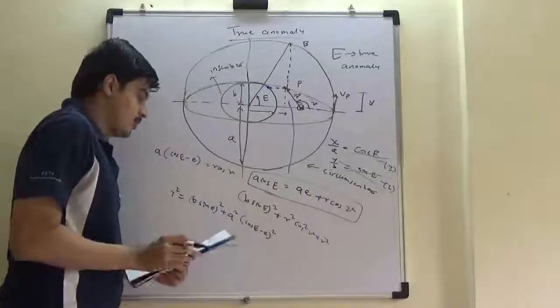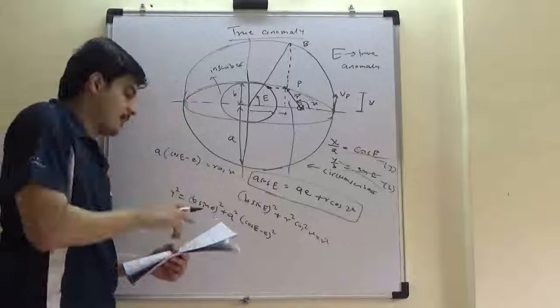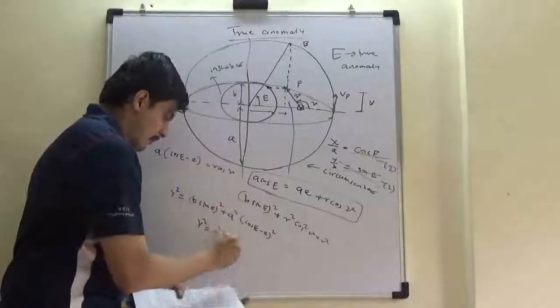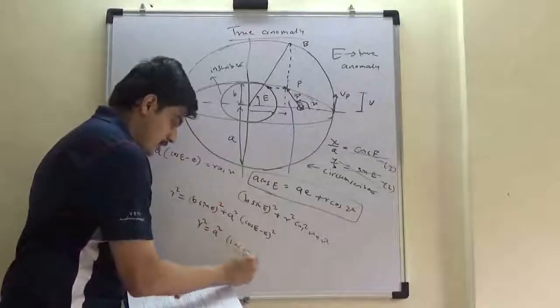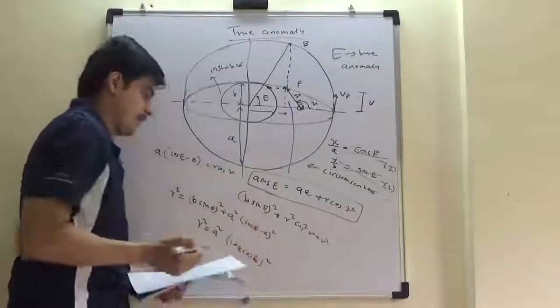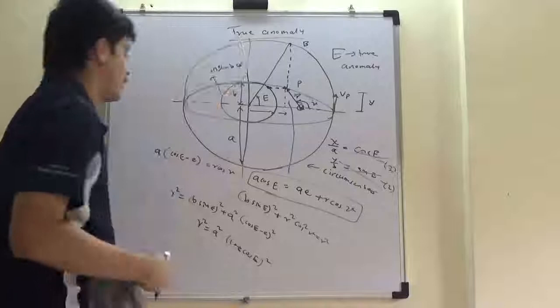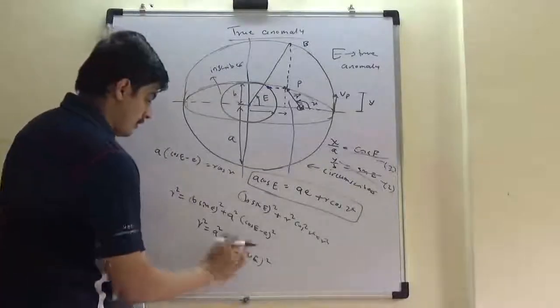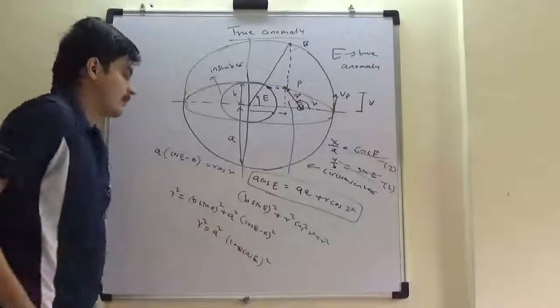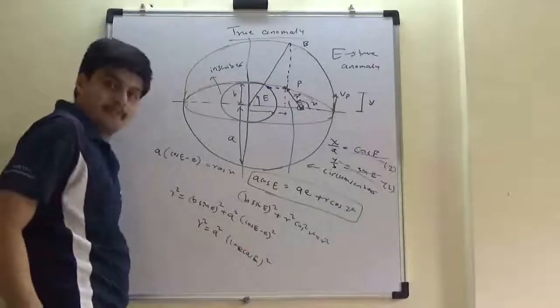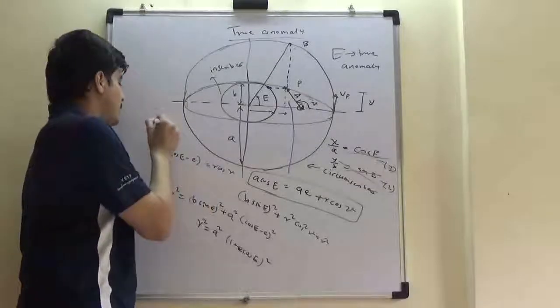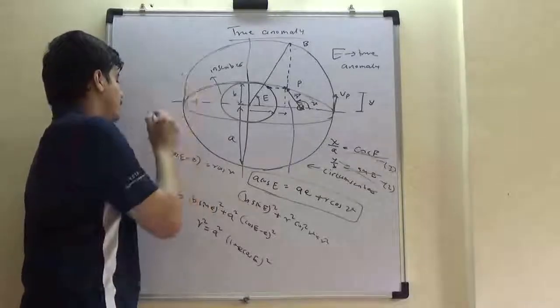Now if I use the relation and add it up from here, I would get r square is equal to a square 1 minus e cos E whole square. You can just do that. You can use this a and b relation as eccentricity, because a and b are related by eccentricity.